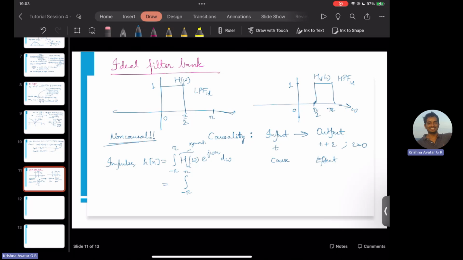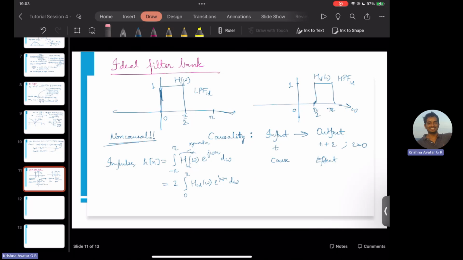It's a symmetric function, so that's the reason we only drew half of that. So you can just express it as twice the definite integral with limits 0 to pi, of H ideal of omega e to the power j omega n d omega.